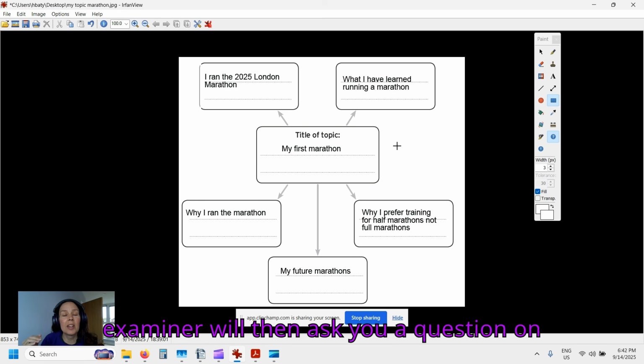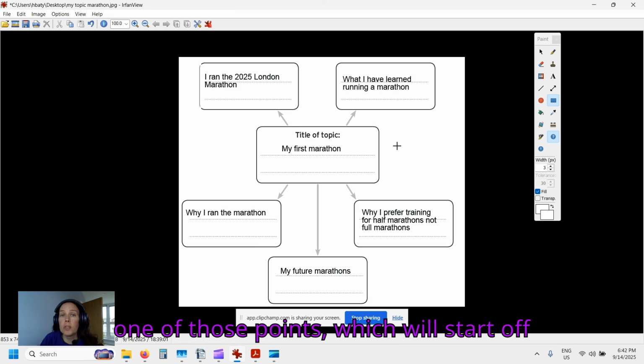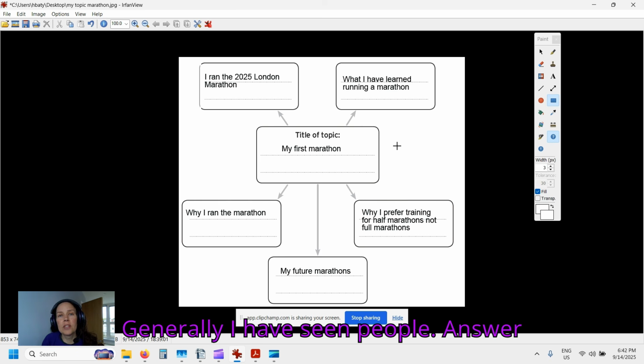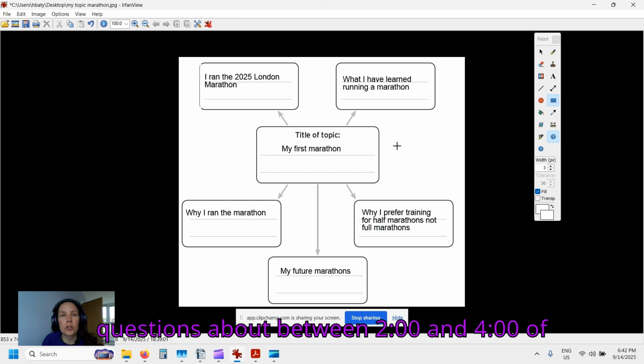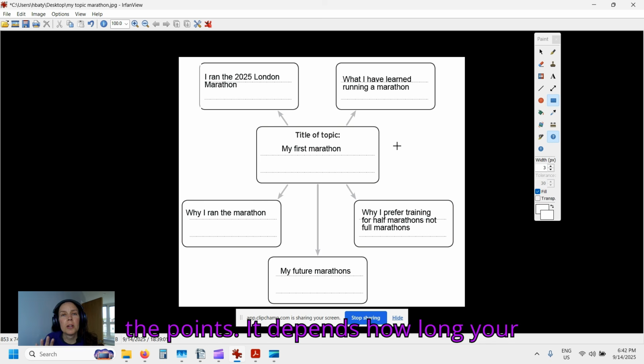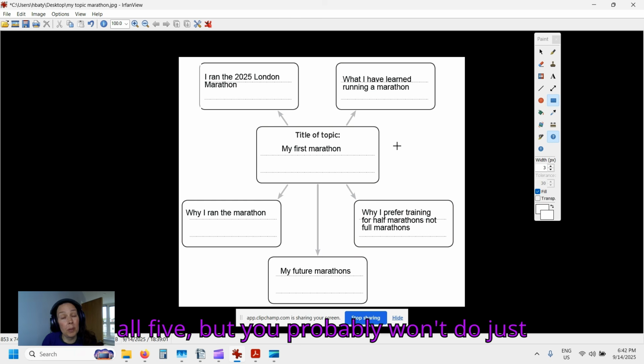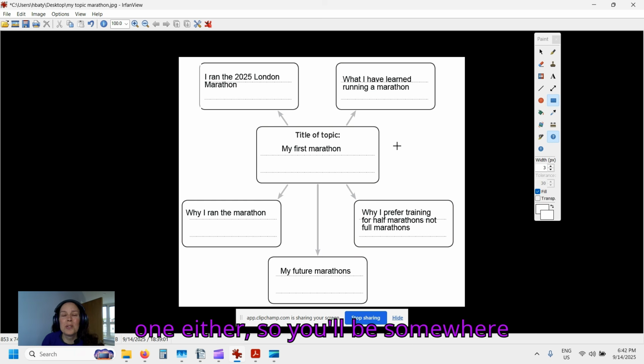The examiner will then ask you a question on one of those points, which will start off the discussion. Generally, I have seen people answer questions about between 2 and 4 of the points. It depends how long your answers are. It's not that you must do all 5, but you probably won't do just one either. So you'll be somewhere between 2 and 4 normally.